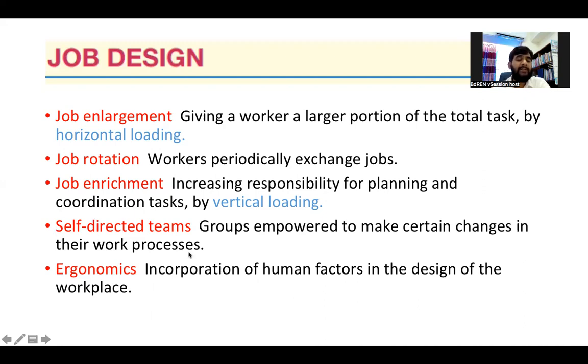And in today's organizations, they use self-directed teams, groups empowered to make certain changes in the work process. Maybe you can remember the definition of quality circle. What is quality circle? Can you remember? What is quality circle?